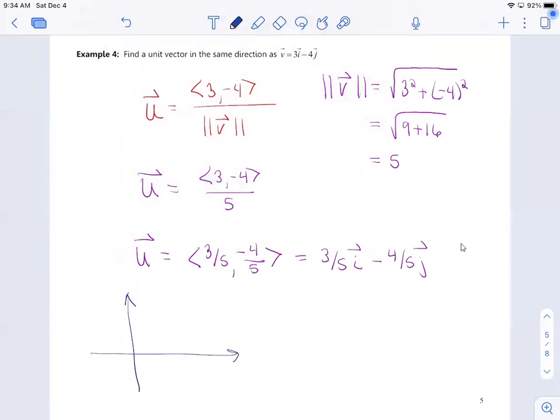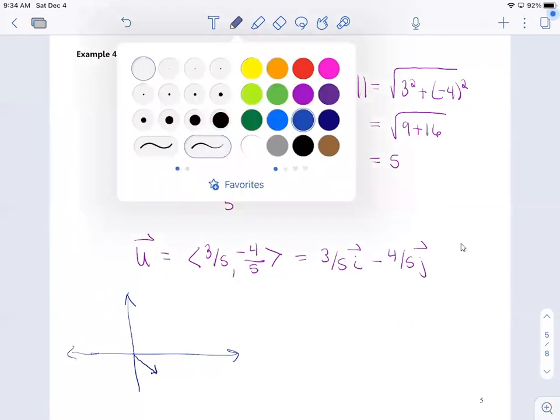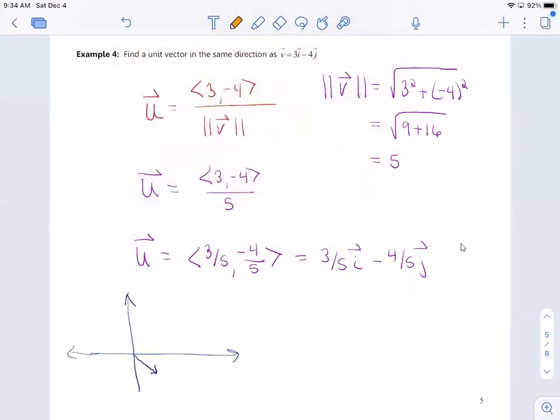You have this vector 3i minus 4j, and I'm going to put it in standard position, so it will start at the origin. Something like this, right? Well, what we found is this vector will just be here, going the same direction, but it will be 1 unit long.